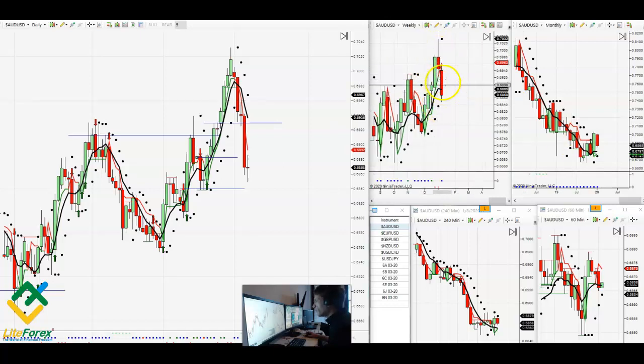The weekly looked like there was more potential downside, and the monthly also had more potential downside. I always talk about the center line of the monthly candle, and you can see that was roughly around 68.87.